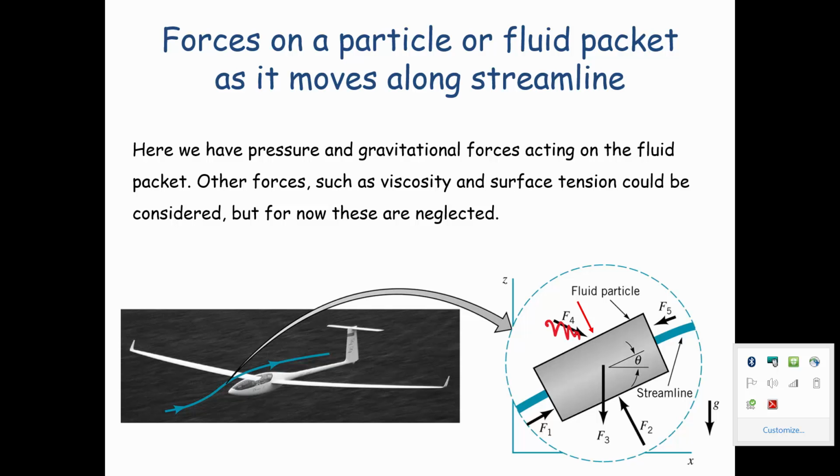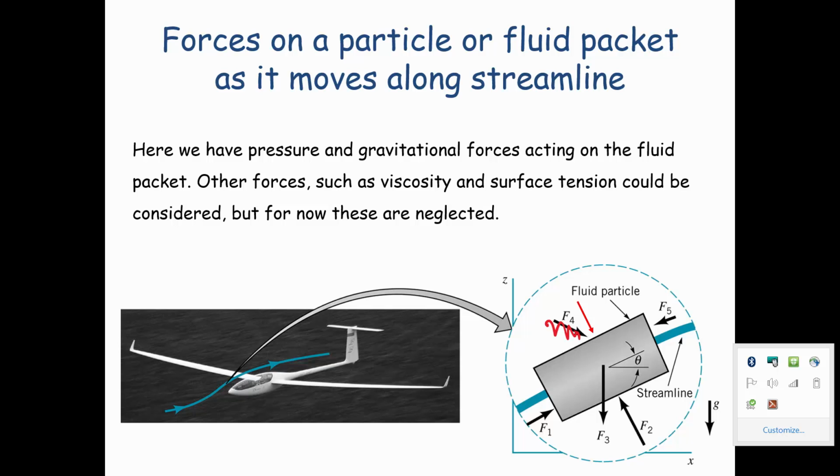Alright, so if we look here on the next figure showing this image of this glider and a streamline passing over the wing of the glider, there's various forces that are acting on the fluid packet. So we've isolated the fluid packet, as you can see on the right hand side.